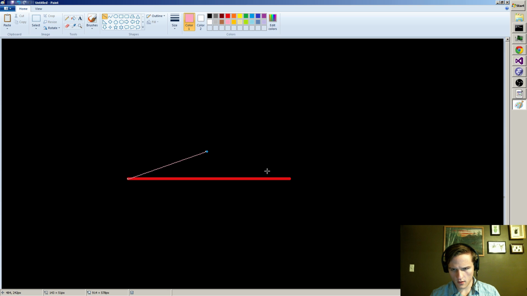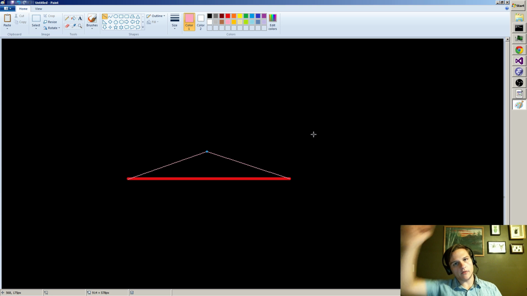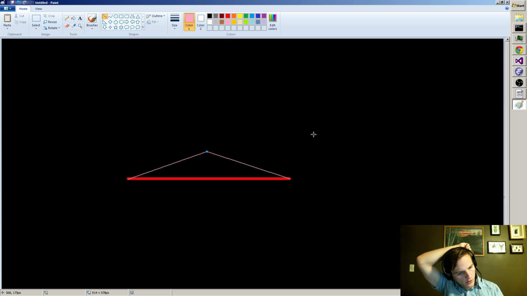This one and this one. And the angles there should be equal. And other than that, if there is only one branch, then those are just left and right. These have no angle.